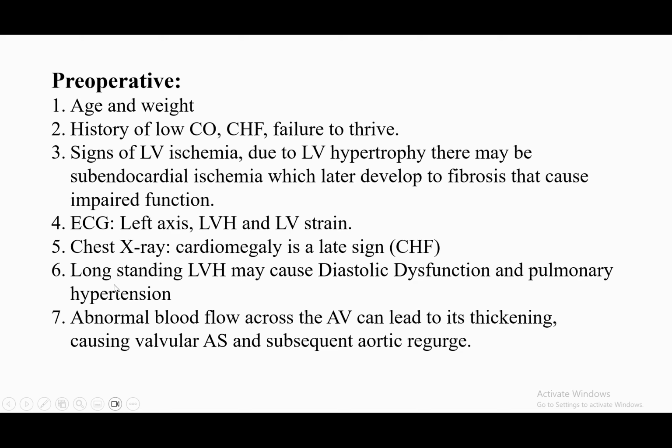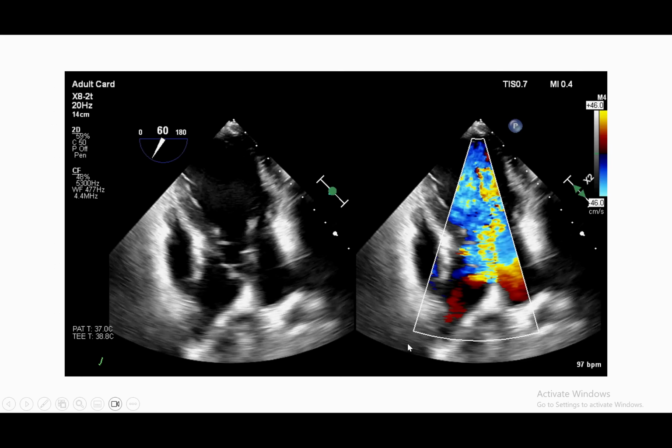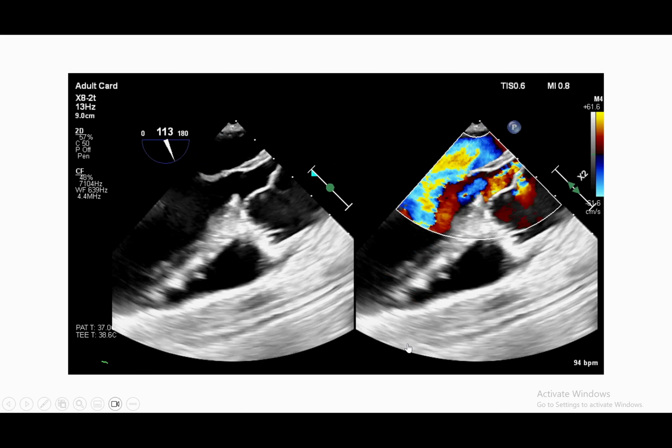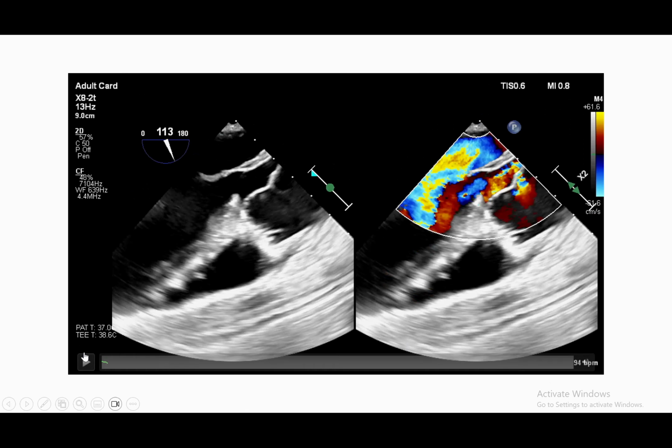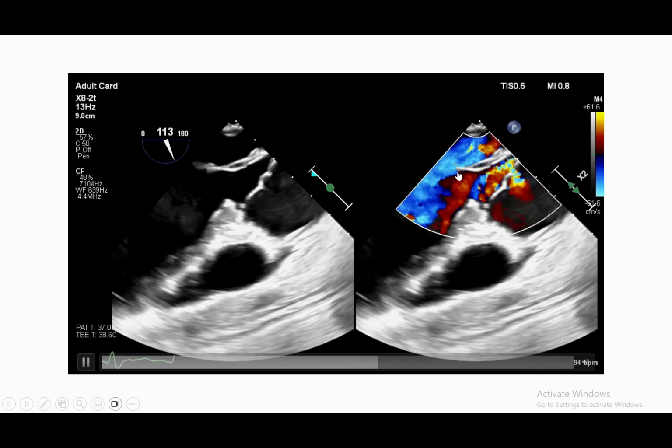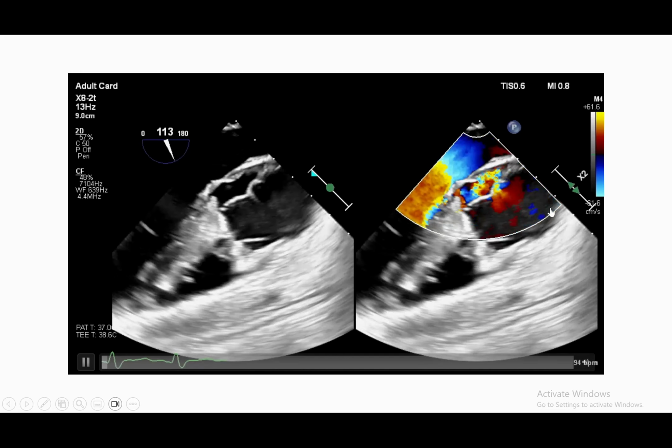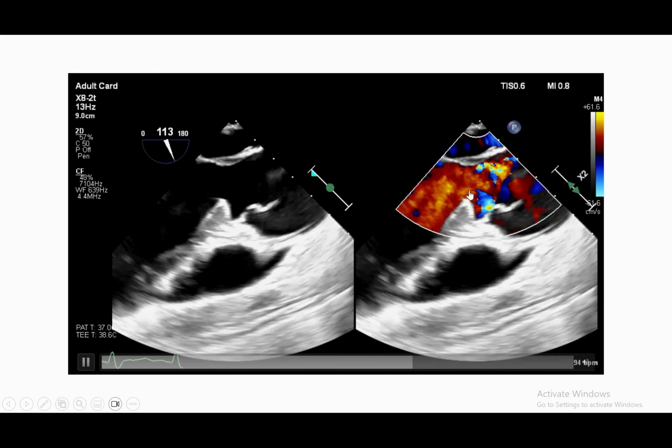So a long-standing LVH may cause diastolic dysfunction, pulmonary hypertension. Abnormal blood flow across the aortic valve may lead to its thickening, causing valvular aortic stenosis and subsequent aortic regurg. So if you will notice here that after the narrowing, the blood accelerates, so it passes rapidly across the cusps of the aortic valve.